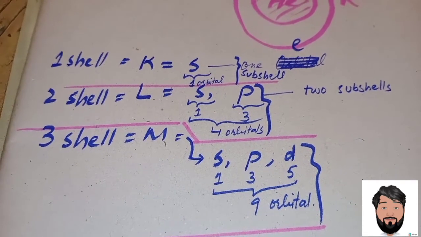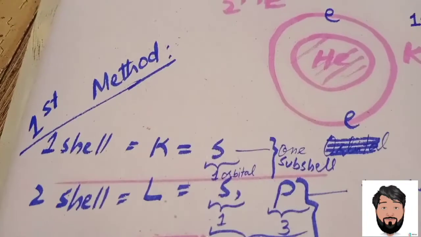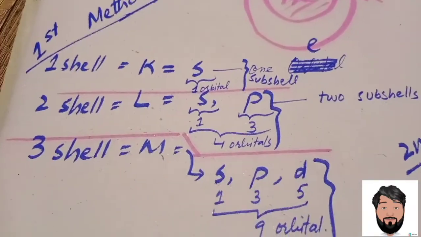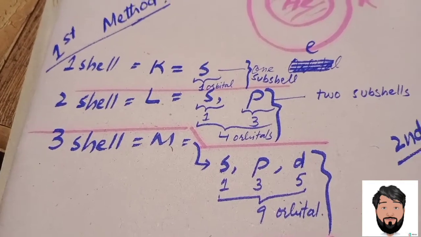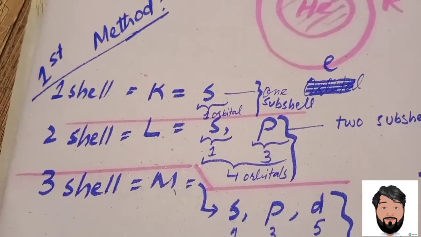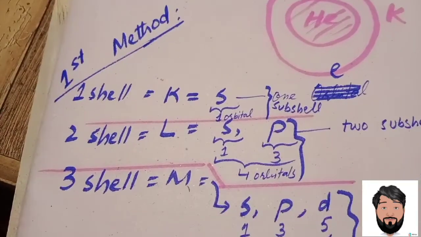In the third shell the possible number of electrons is 18. That was the first method to determine how many electrons can be in a shell, or which shell contains how many electrons.